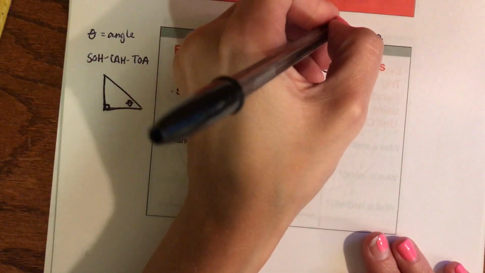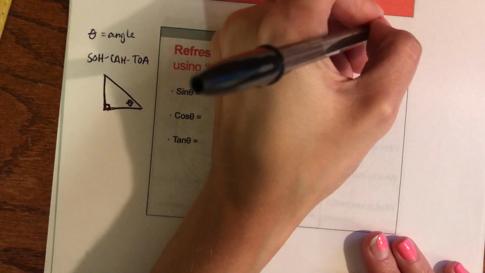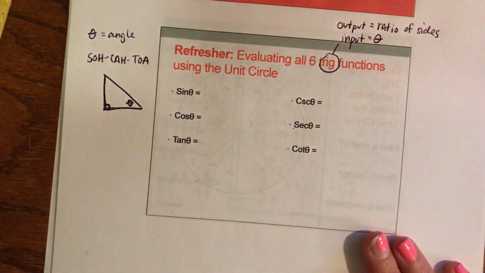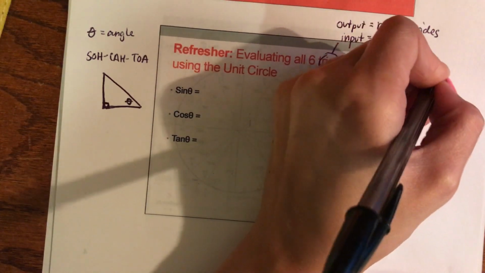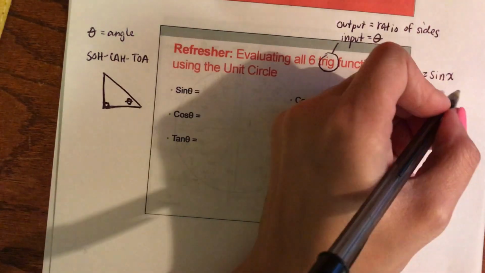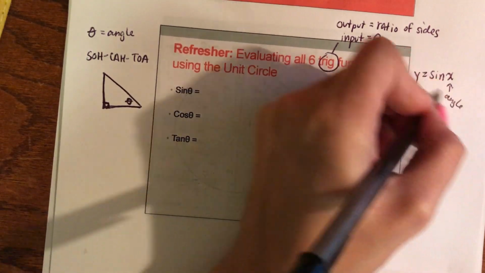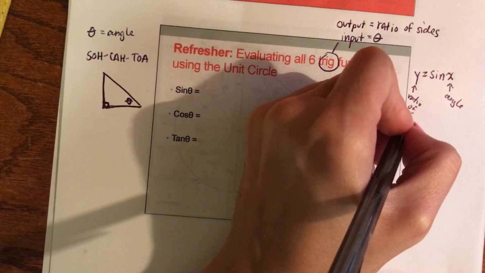That means that your output, and this will come up over time, will be a ratio of sides. Just like you have y equals sine of x, your input should be an angle. What comes out of your sine function should be a ratio of sides.